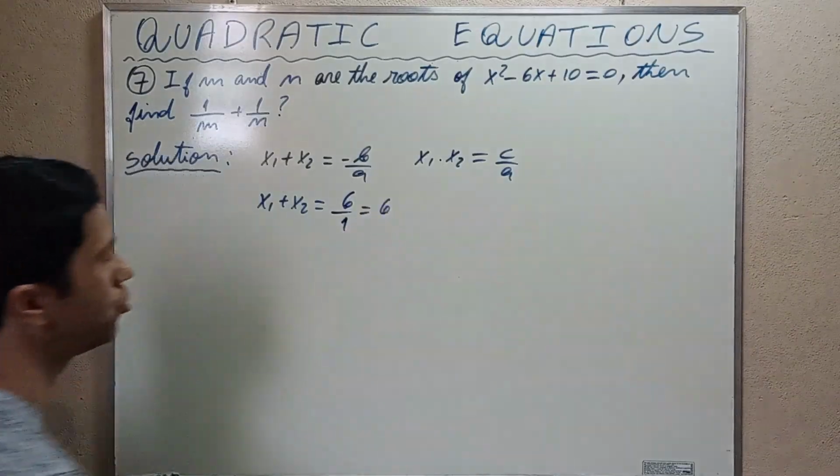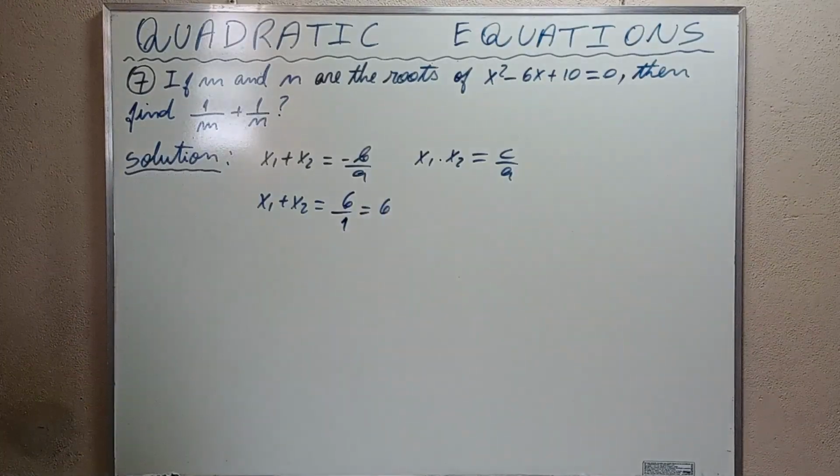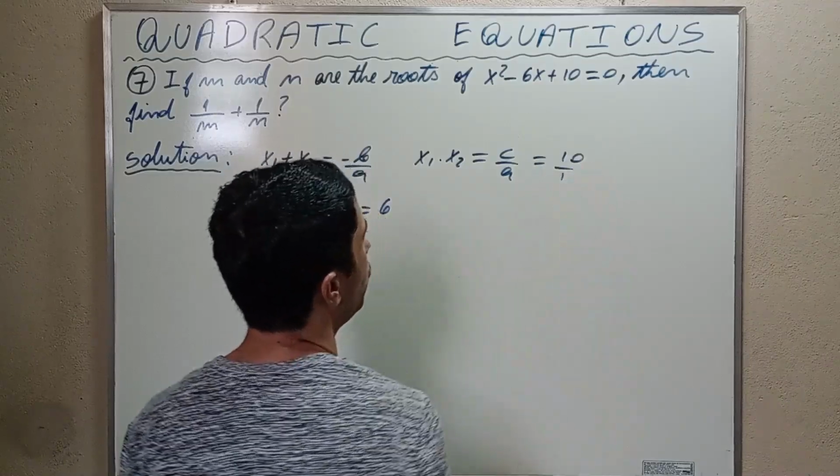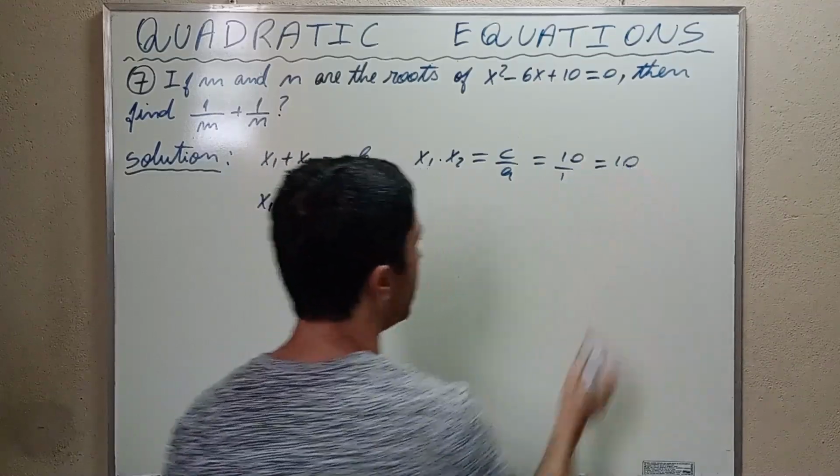Then this is equal to 6. x1 times x2 is equal to c over a. c is equal to 10, and a is equal to 1, then this is equal to 10, okay?